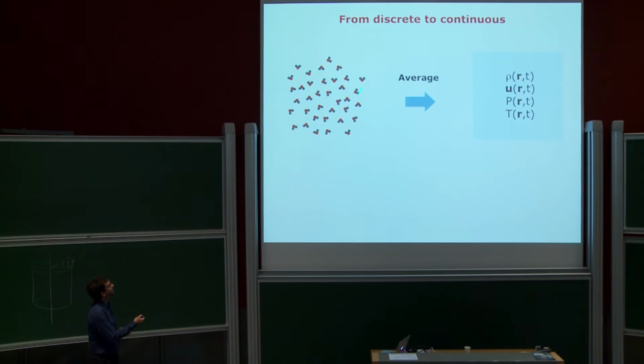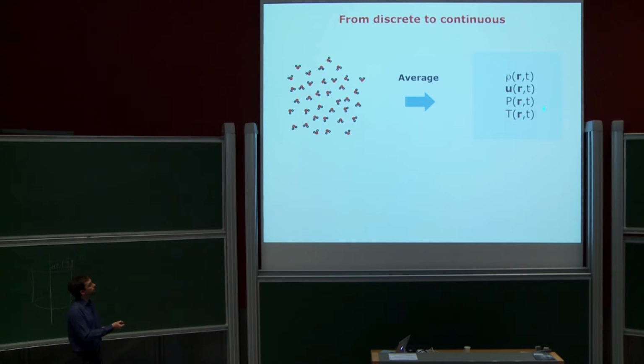And what you do, you make local averages of microscopic quantities in order to compute fields such as the density, the velocity, or the mass flux, the pressure or the stress tensor, and the temperature or the energy density and energy fluxes, and so on.